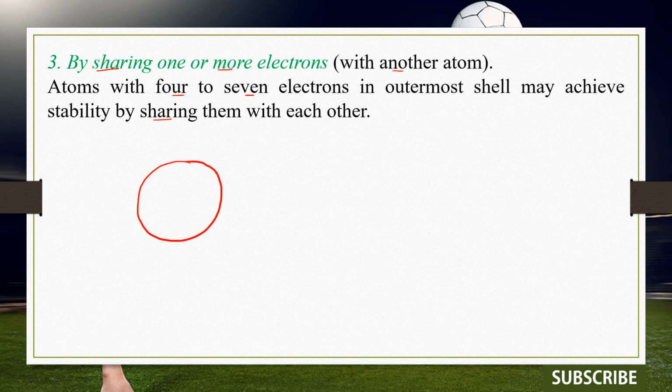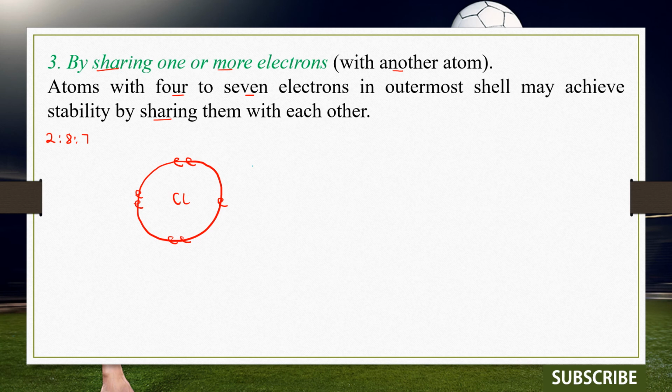Remember, electronic configuration of chlorine is 2,8,7. So we shall need 7 electrons. So we have 1, 2, 3, 4, 5, 6, 7. However, this chlorine will need to bond with another atom so that they can share 1 electron.